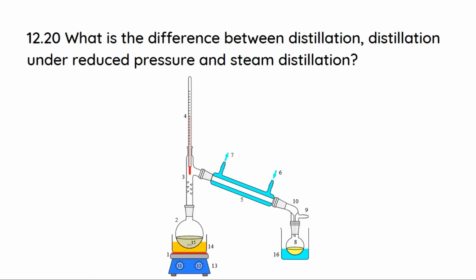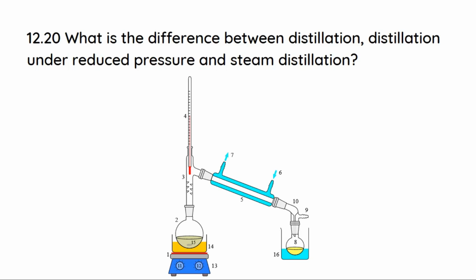The next one: what is the difference between distillation under reduced pressure and steam distillation? We've done this in detail in the previous videos. First of all, distillation. It is basically the conversion of liquid to vapors, and the vapors will consist only of the pure compound, and that is going to be converted back to a liquid, and you will collect that.